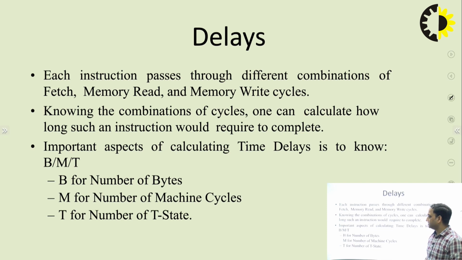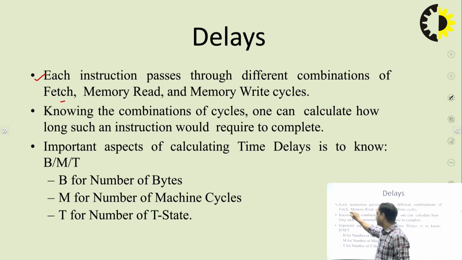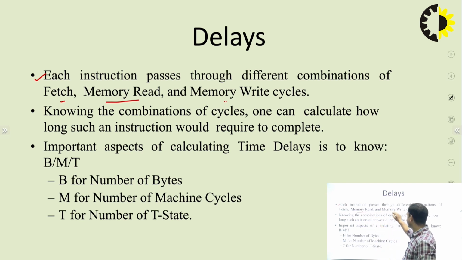Then the second concept is about delays. As we are very much aware, each instruction is processed through different steps: instruction fetching, then memory read operation, memory write cycles, and so on. These are machine cycles, which are combinations of a number of T states.